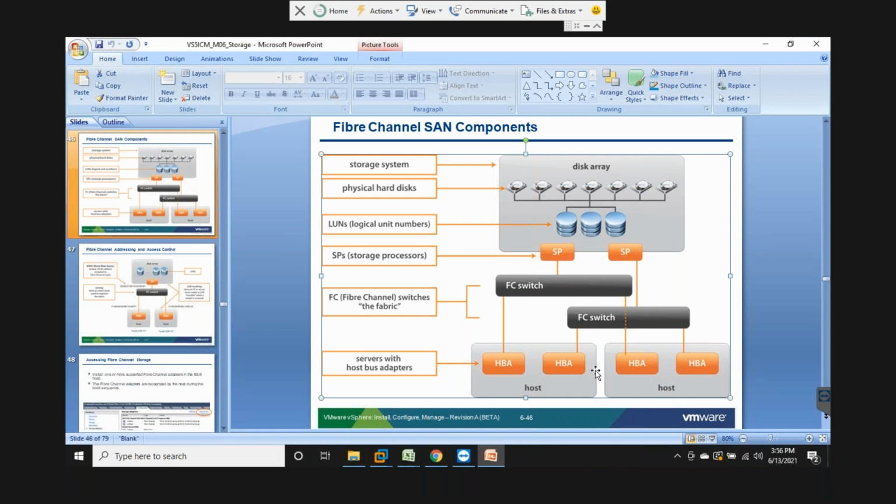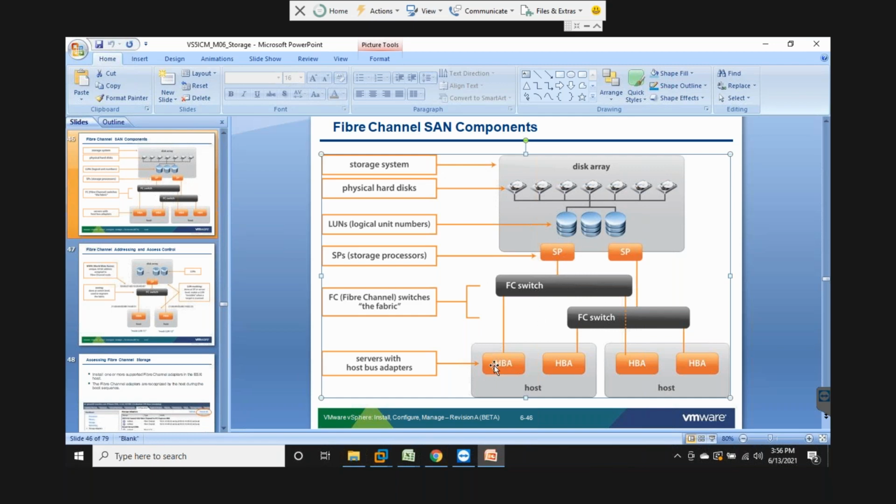Try to understand how the connection is going on. One HBA is connected to one switch, which is at the end connected to one storage processor. For the same host, we have another HBA which is not connected to the same switch but to another switch. And that switch is not connected to the same storage processor but to another. That is the redundancy plan.